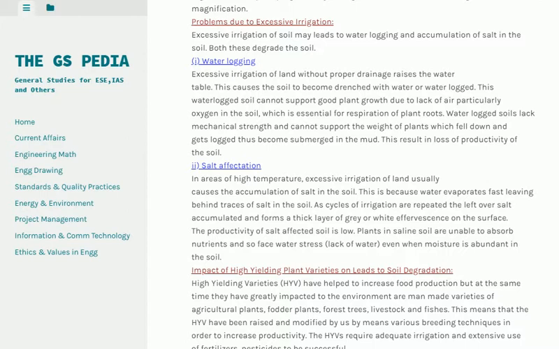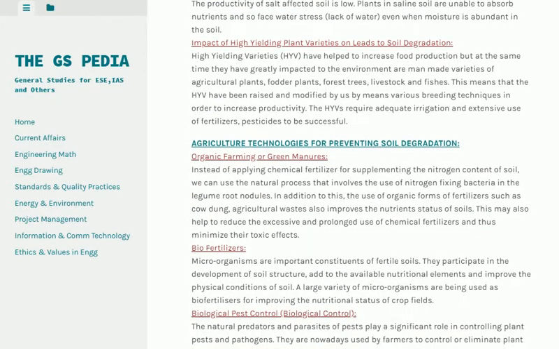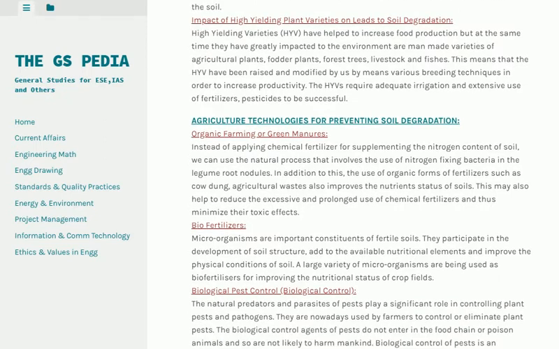Impact of high-yielding plant varieties leads to soil degradation. High-yielding varieties have helped to increase food production, but at the same time they have greatly impacted the environment. HYVs are man-made varieties of agricultural plants, fodder plants, forest trees, livestock and fishes.